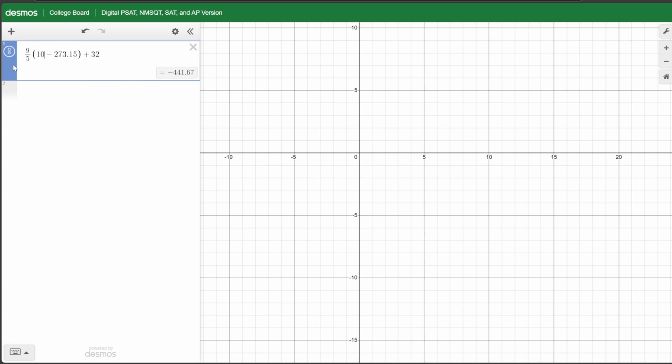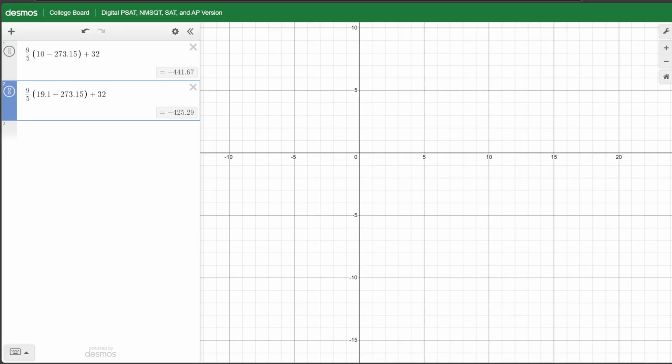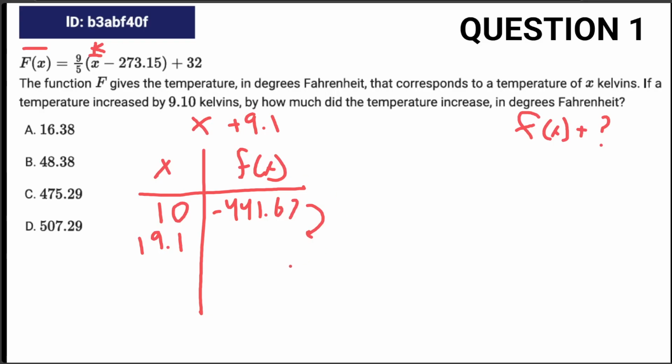Now if we take that same thing, copy it, and duplicate it, and then if that is instead 19.1, that's what it equals. So to plug that in, we have negative 441.67 and over here we have negative 425.29.